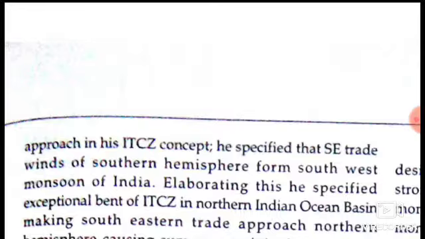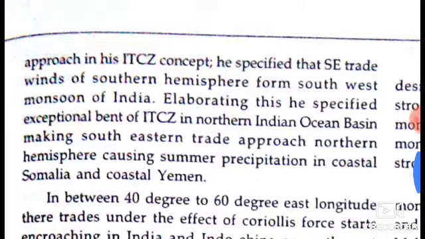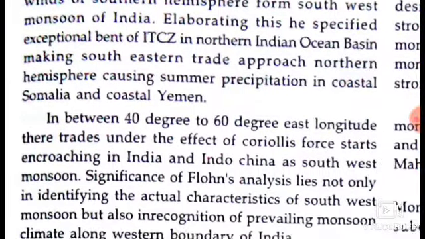Elaborating this, he specified an exceptional bend of the ITCZ in the northern Indian Ocean basin, making the southeastern trades approach the northern hemisphere, causing some precipitation in coastal Somalia and coastal Yemen between 40 degree and 60 degree east longitude.